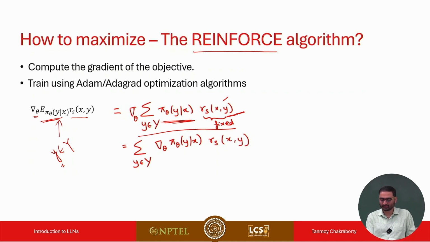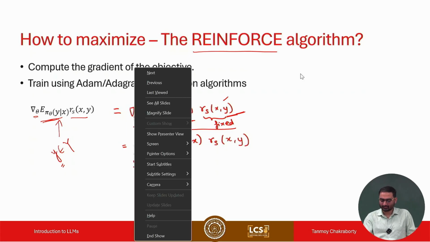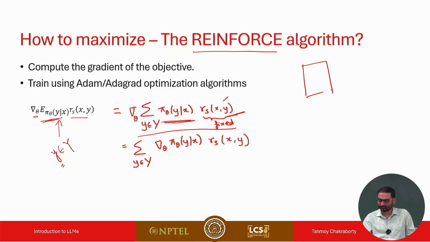Now think about it. This reward is fixed with respect to theta. Theta is the parameter of your policy, and this is my reward model, which generates R of xy, right? So when I take the gradient of this with respect to theta, this is constant.